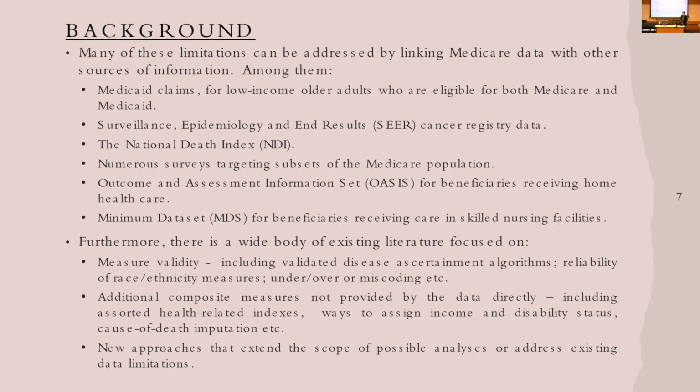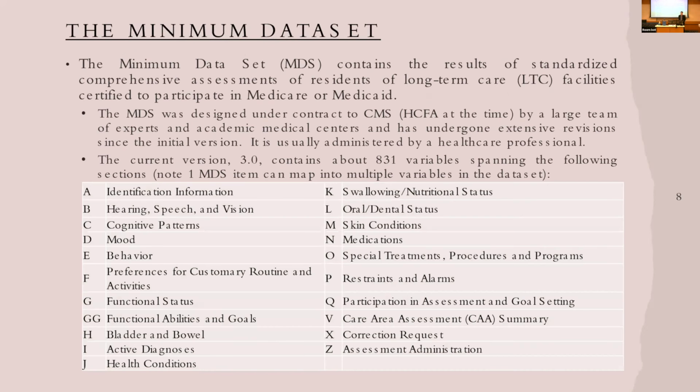And there are a lot of new methodological approaches to get more out of the data, some of which have been discussed here. But the focus of this presentation is the Minimum Data Set, which is highly useful, both as an additional resource for Medicare and for studying these people.